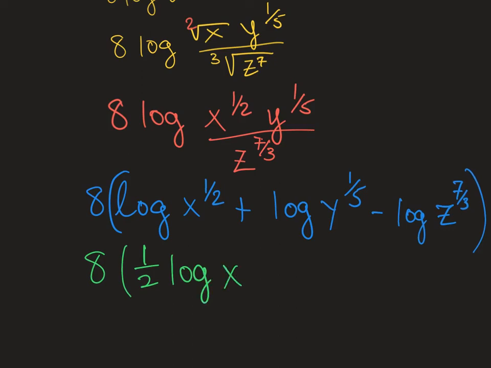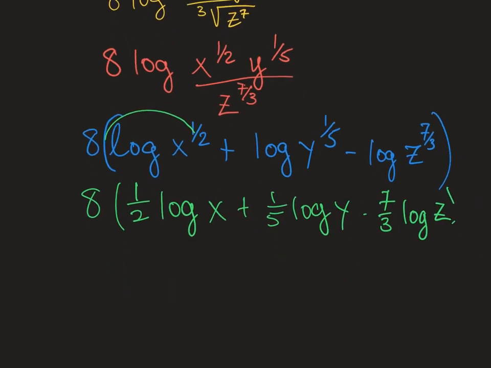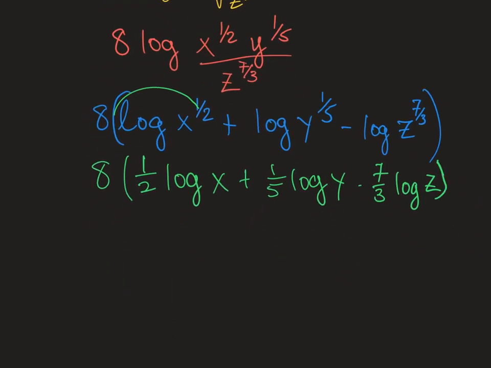We're going to bring the numbers forward: plus 1/5 log of y minus 7/3 log of z. And now we're going to distribute that 8 to the front.